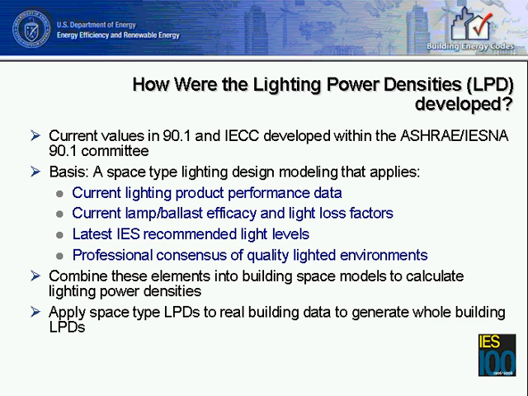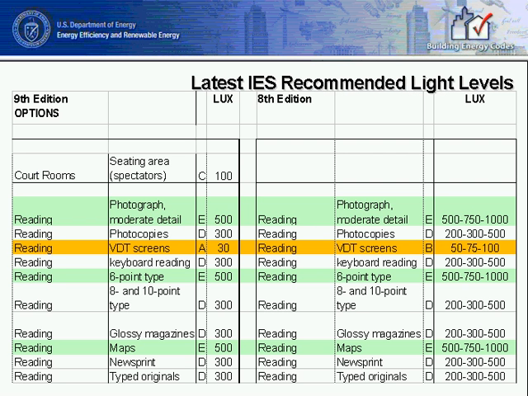These elements are all combined into space models for each space in a building to calculate the lighting power density. And these space models are then applied to real building data to develop the whole building lighting power density. So we have both sets.